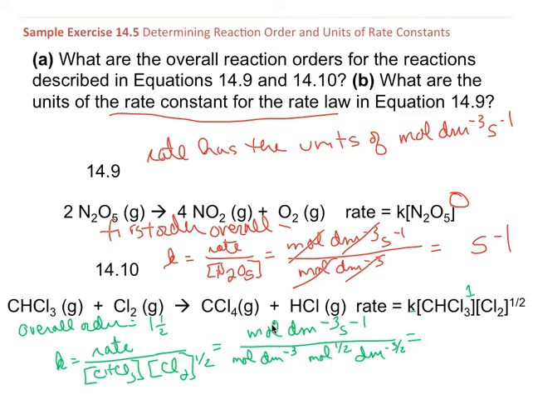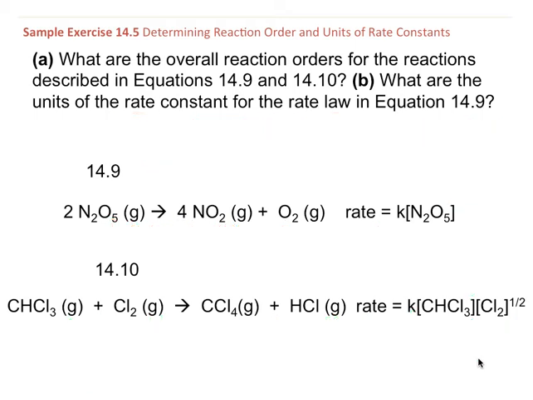So the units for K in this case, these moles cancel, this cancels. I get moles to the -1/2, decimeters to the 3/2, and seconds to the -1. Those will be my units for K. If you have any difficulties getting from here to here, you need to see me for a little refresher in powers.